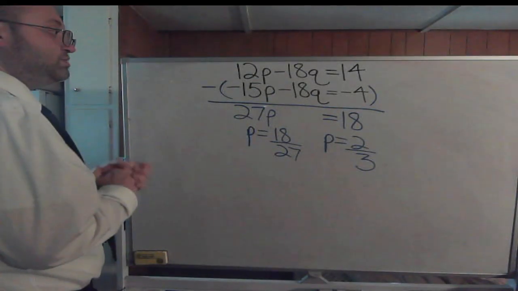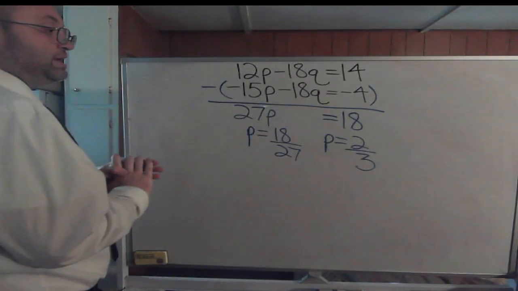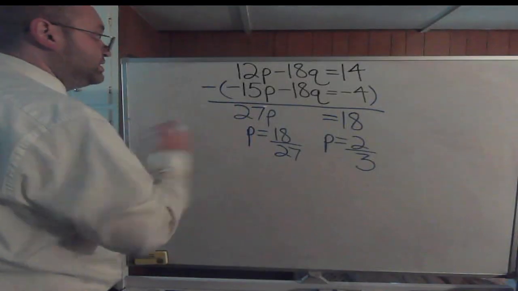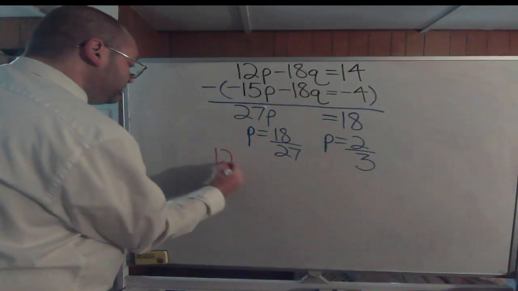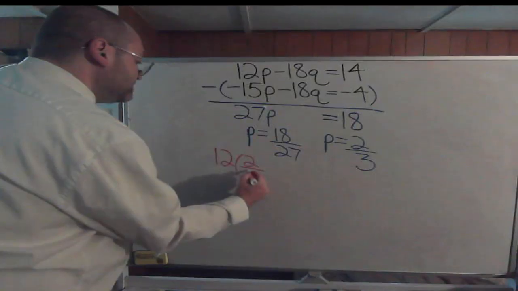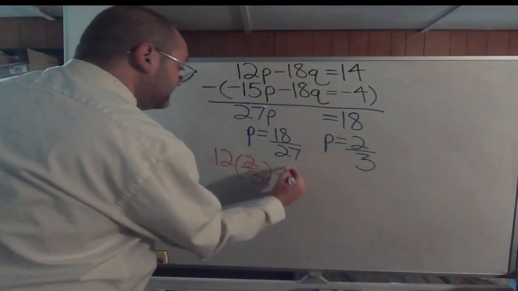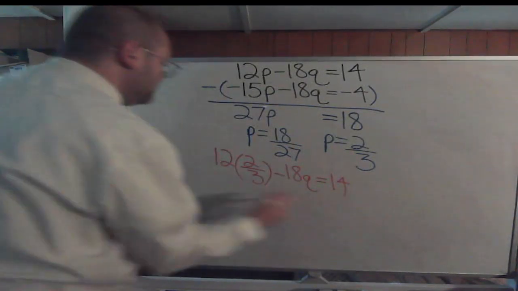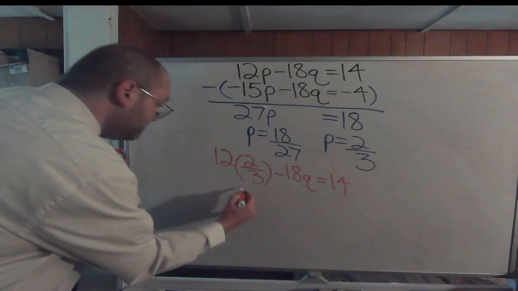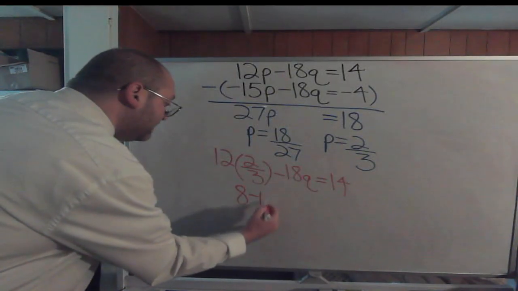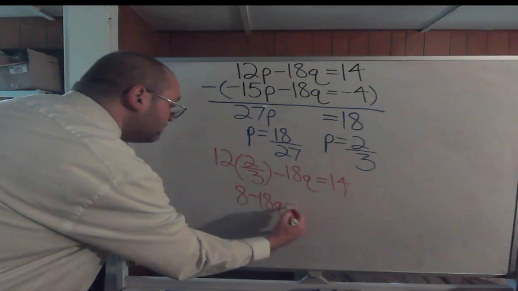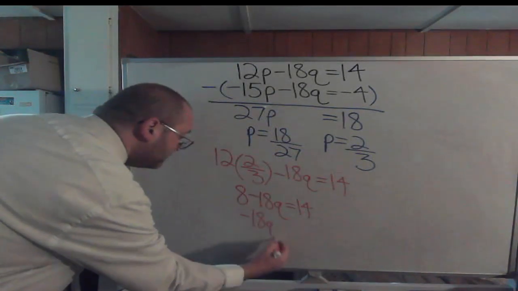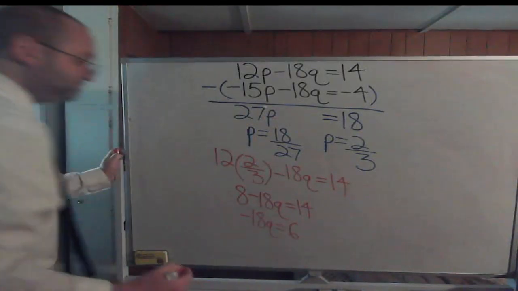Now all I got to do to find the solution is put it into one of these equations to find my q value, which I will do with the first one. So I'll take 12 times 2/3 minus 18q. That'll be equal to 14. 12 times 2/3, so let's see, 4 times 2, that'd be 8. I would have 8 minus 18q would be equal to 14, which means negative 18q would equal 6.